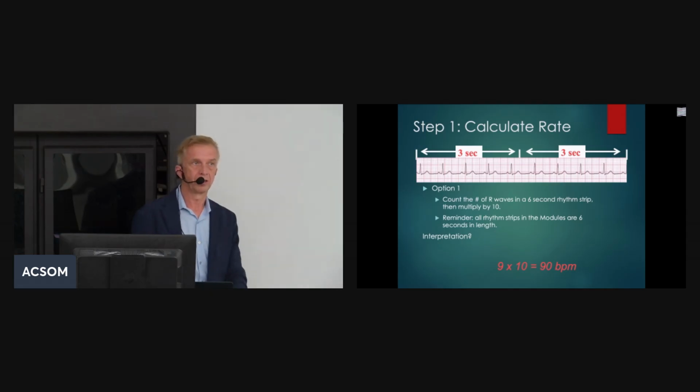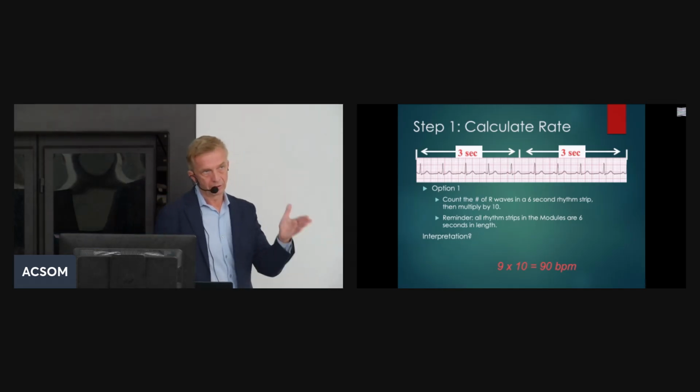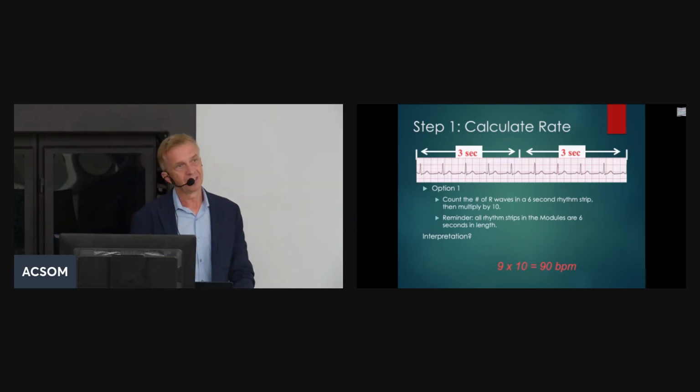If patients come with an irregular heartbeat, you count the number of QRS complexes on that lower strip, and because it's a 10-second strip, you multiply by 6 and you get the heart rate. That's the most accurate assessment, the heart rate in beats per minute.